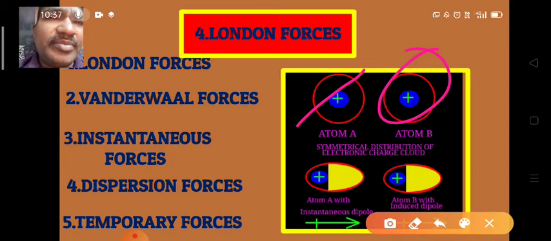As a result, those atoms become dipoles. Such dipoles are called instantaneous dipoles. That means suddenly, at once, they change into dipoles. Now these instantaneous dipoles attract one another. As a result, they can be changed into liquids.